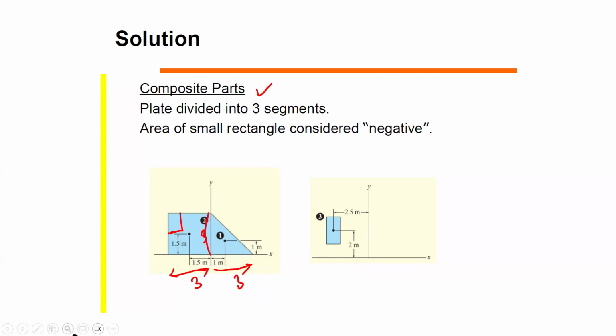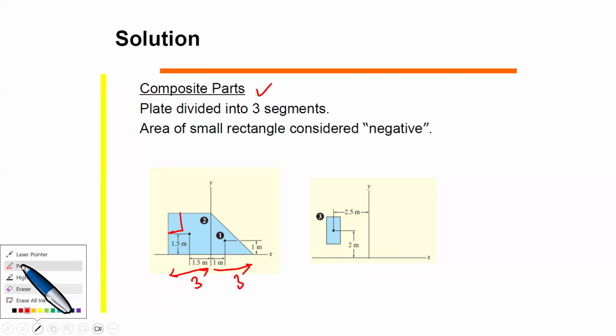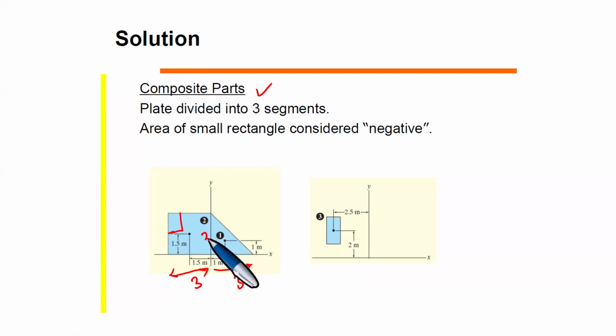Now, let us look at these together and reason what this means. What we're getting here is the following: we have 3 meters and 3 meters.